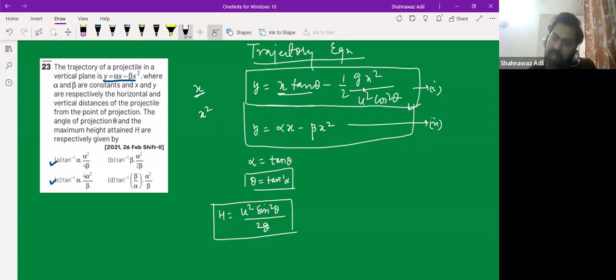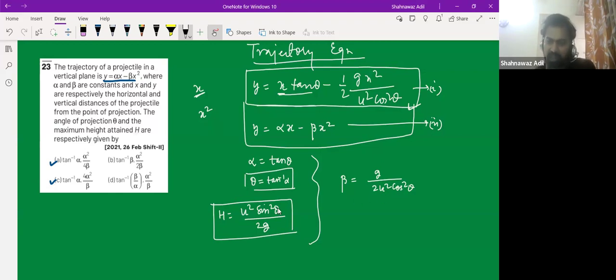If we compare the x square term from here, what will we get? We will get beta, which is g by 2u square cos square theta. We have h equals u square sine square theta by 2g, so we need to write this in terms of sine square theta.